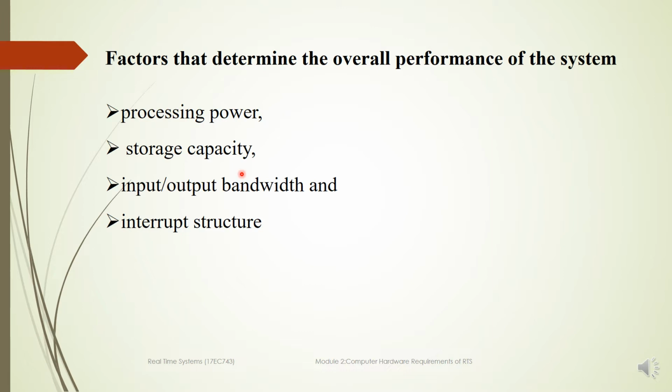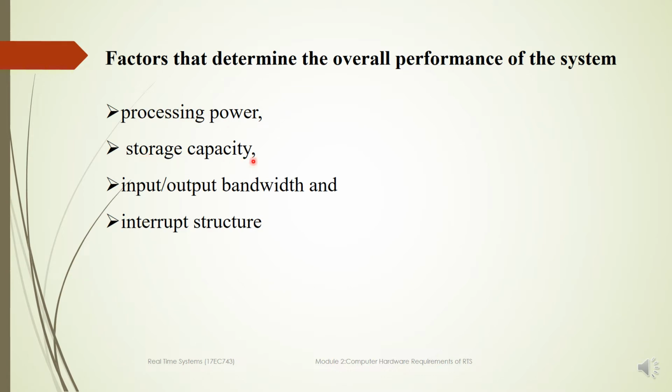The capabilities of this basic unit should be measured in terms of processing power. We know that the CPU's processing power is measured in MIPS, that is million instructions per second. So processing power measures the amount of work a computer can do.